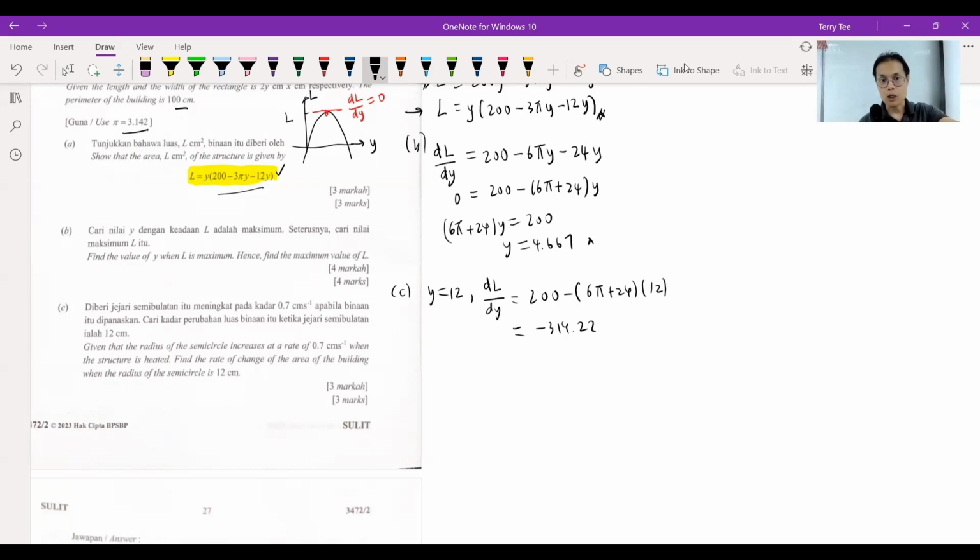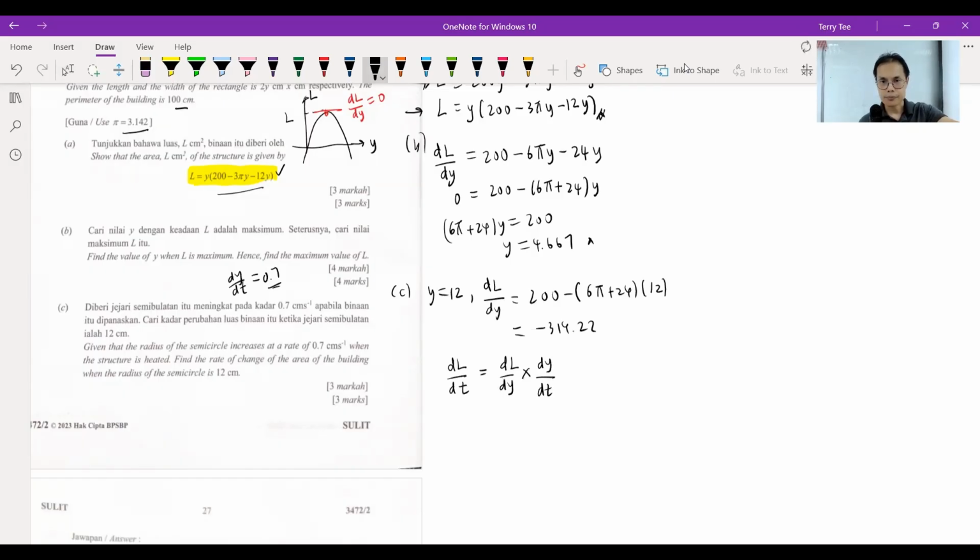Because you're finding the kadar perubahan, the rate of change of your area, kadar perubahan luas binaan, you're finding dL/dt. We know our dy/dt. They say jejari meningkat dengan kadar 0.7. That means your dy/dt, rate of change of radius, is 0.7. So we're going to use the chain rule. Put the dL here, the dt here, add in a dy.